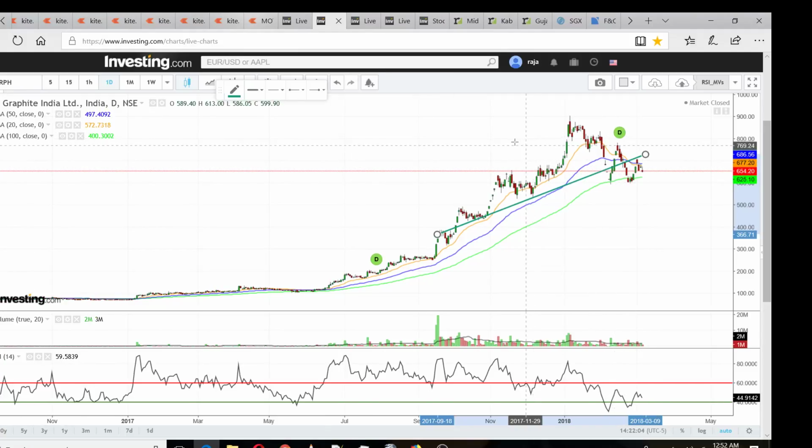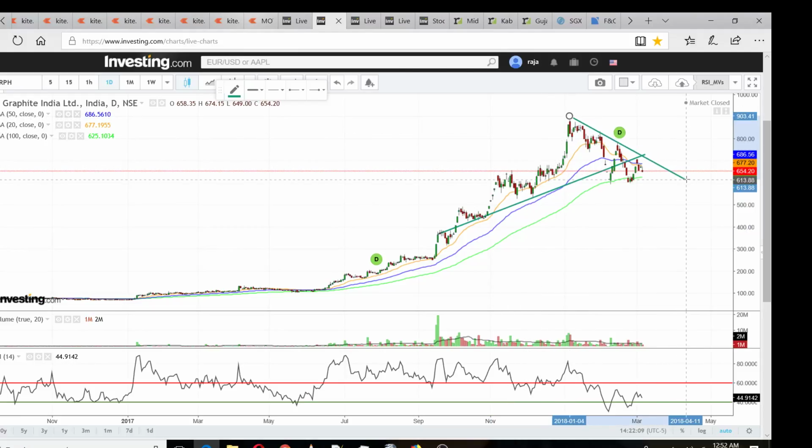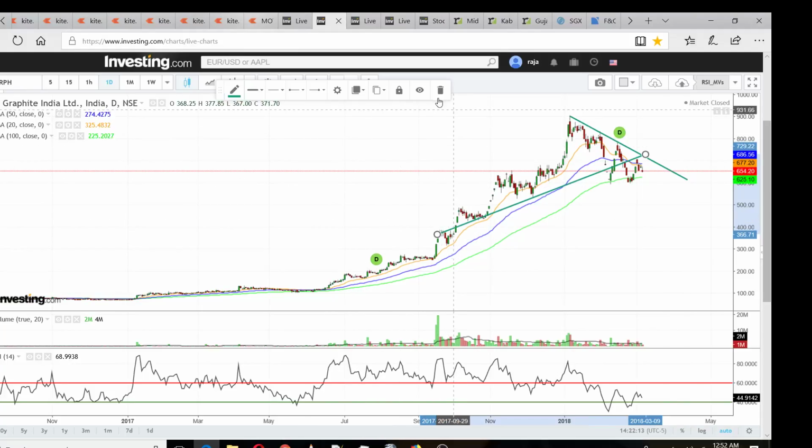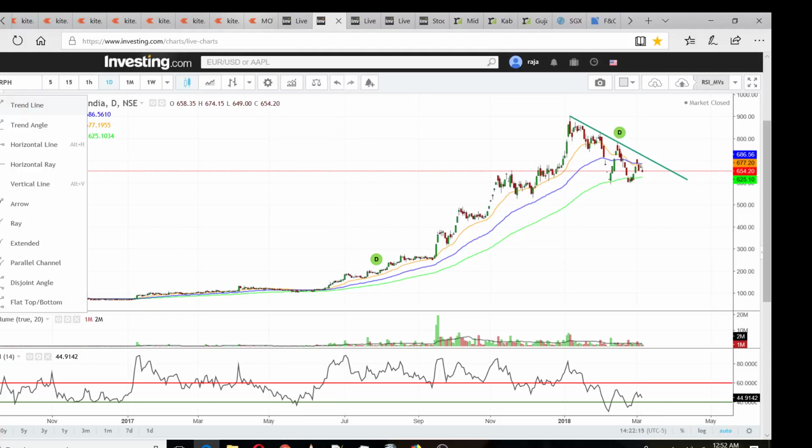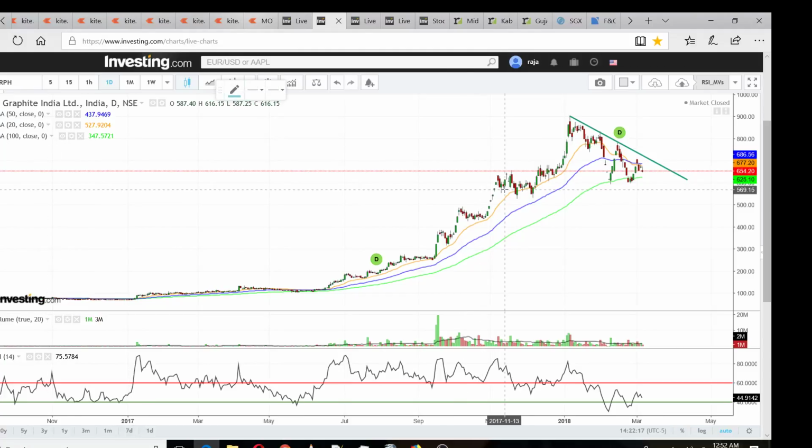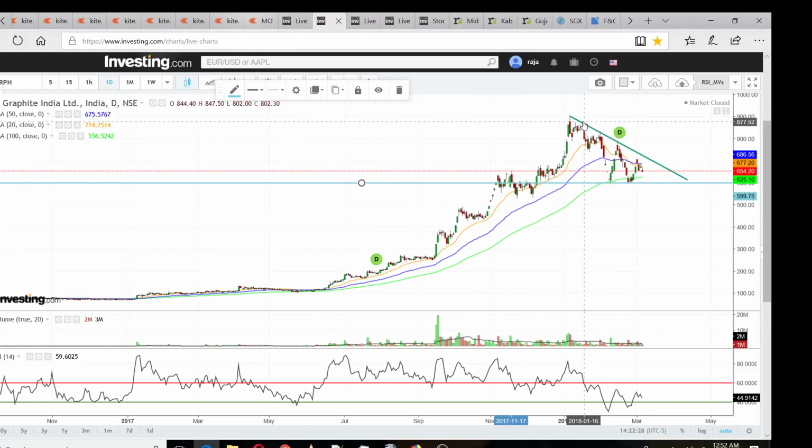And let me draw another trend line. Now we see this horizontal line and this upward trend line.